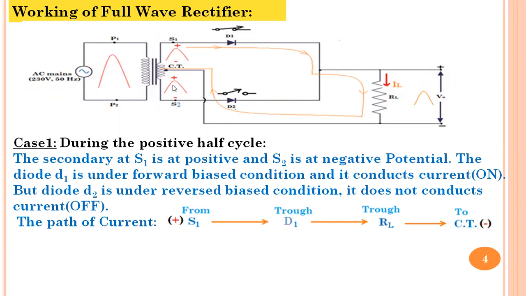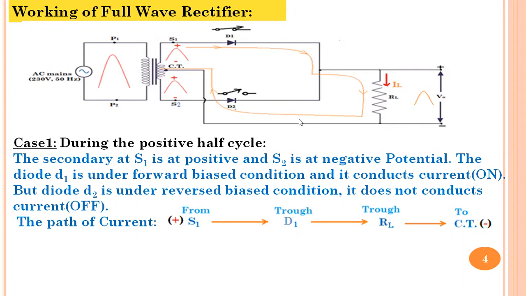At present, the voltage across the lower winding is not utilized here. Only the voltage present in the upper winding is used to bring the resultant output. Therefore, the path for the flow of current is from S1 through diode D1, then through the load RL, and it ends on the center tap terminal.